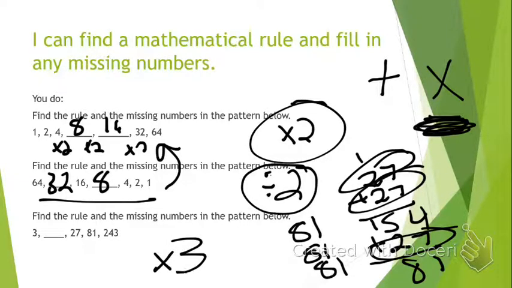So I'm thinking it's times 3. I have 3, so I need to figure out what 3 times 3 is. 3 times 3 is 9, right? And then 9 times 3 does equal 27, and we already said 27 times 3 equals 81, so we should be good to go. I found my rule, and I found my missing number.